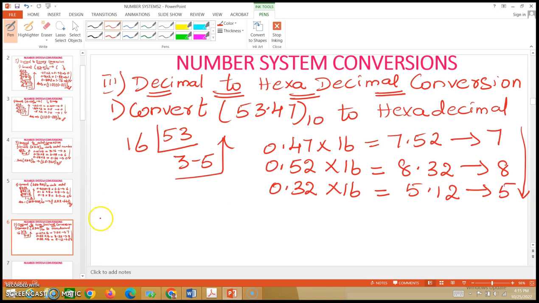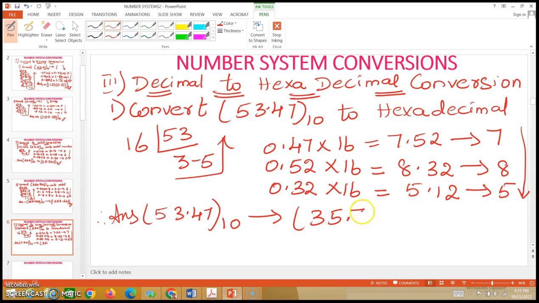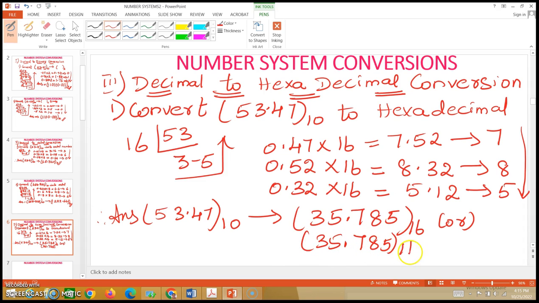Therefore the answer for 53.47 to the base 10 is nothing but 35.785 to the base 16, or we can represent 35.785 to the base H. So this is the answer.